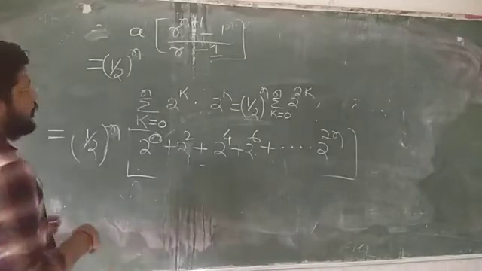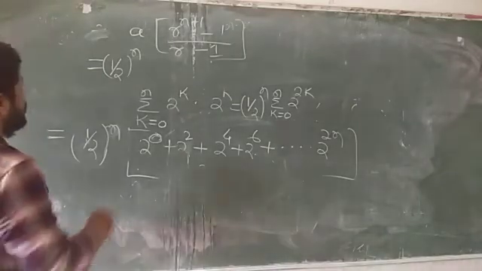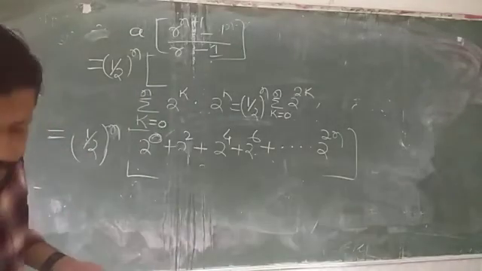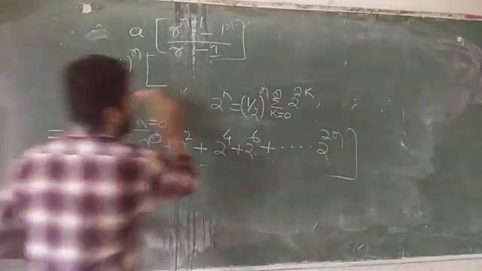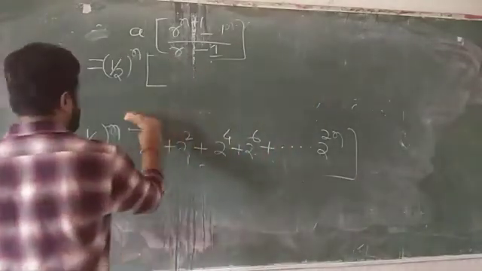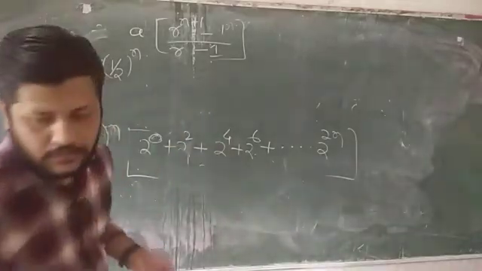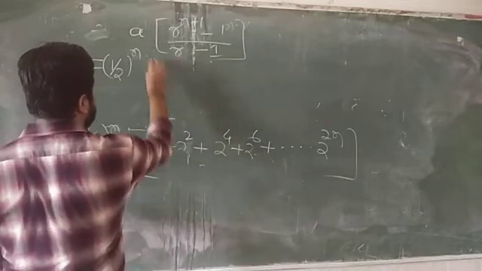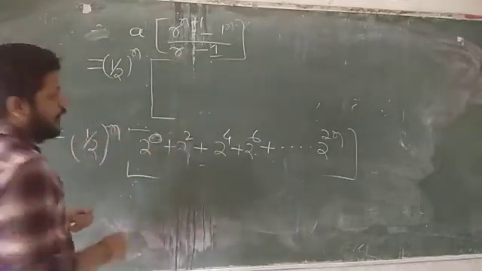If the series is in GP and consists of n plus 1 number of terms, so you can write there like this, half to the power n, then r to the power n plus 1.